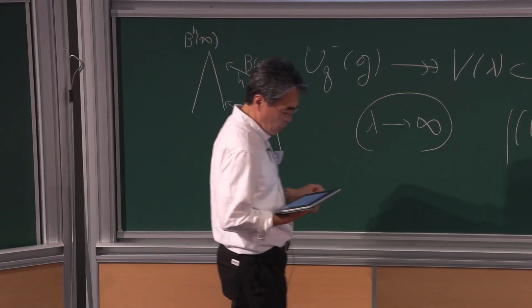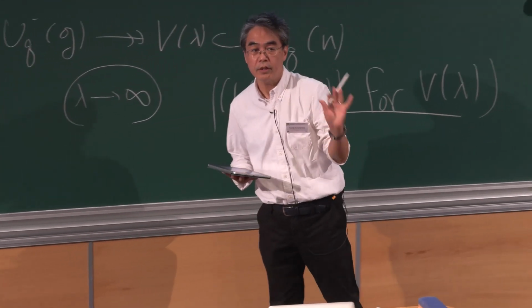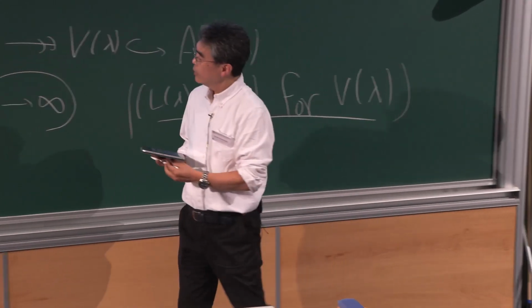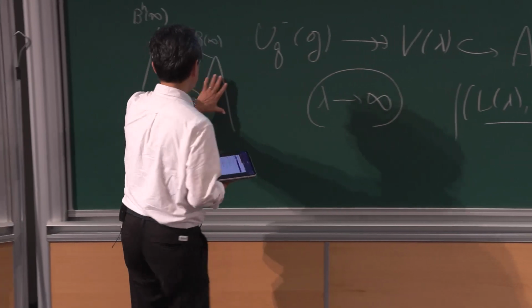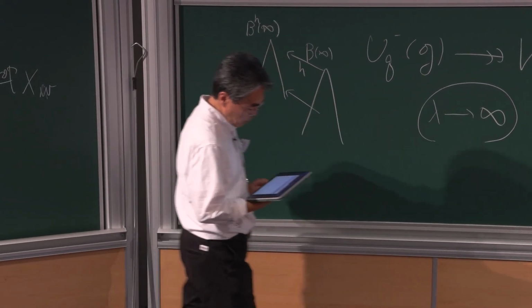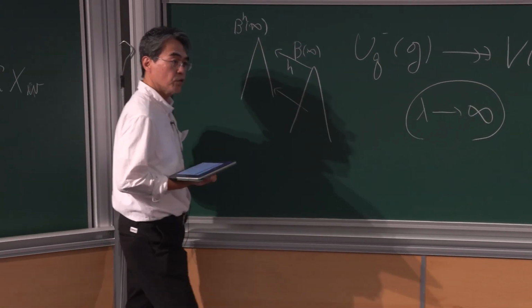Then number one says that this shift and the action of e_i tilde just commute. So this structure just parallelly comes to here. Number two, this has always non-empty intersections.